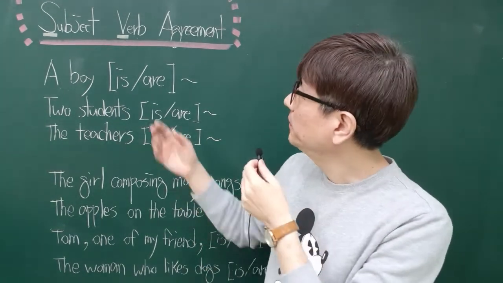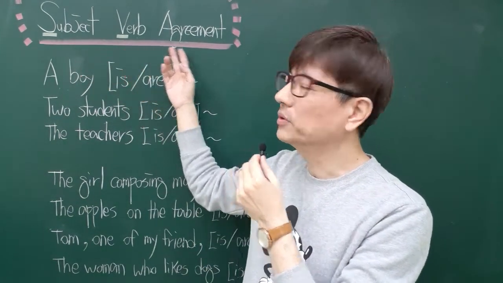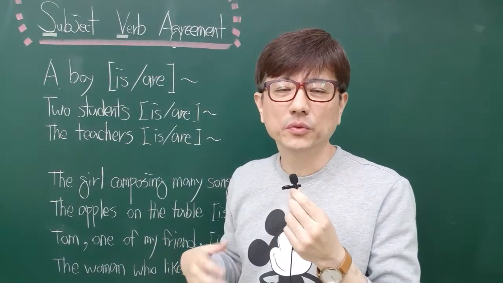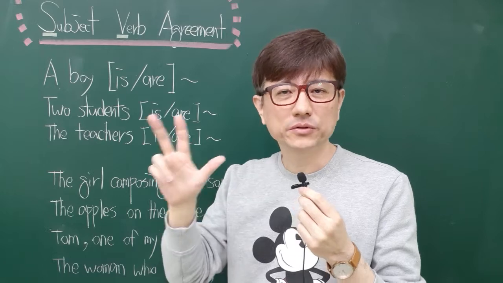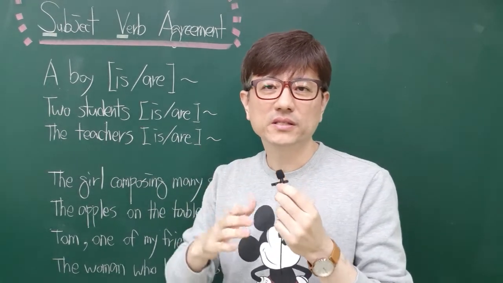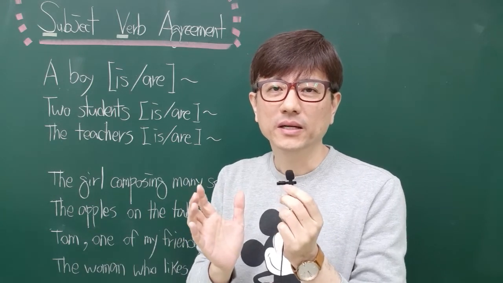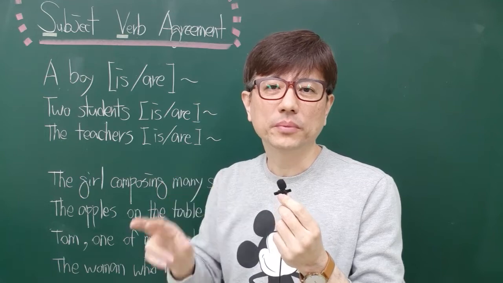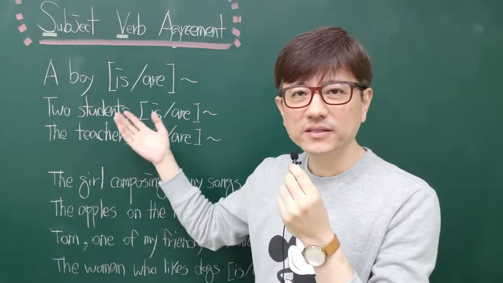Today we are going to talk about subject and verb agreement. There are a few things that are really confusing, so I'm going to talk about three of them. When the subject is close to the verb, it's really easy to find the correct form of the verb. Look at this.